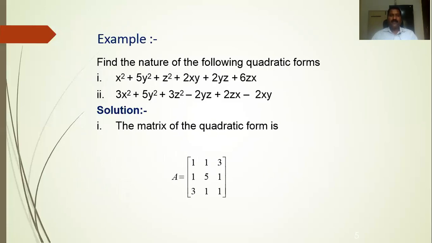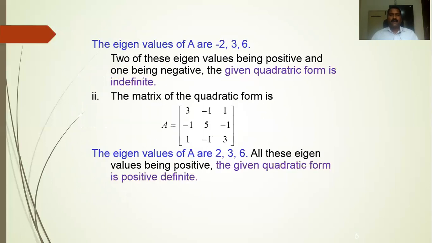Example. There are two quadratics in front of us. The first one, the matrix of the quadratic form is this A; you know how to write the matrix of the quadratic. We have seen that in the earlier classes. Then its eigenvalues are -2, 3, 6. What can we say about the definiteness of this?